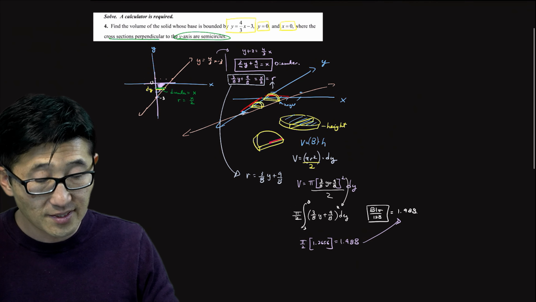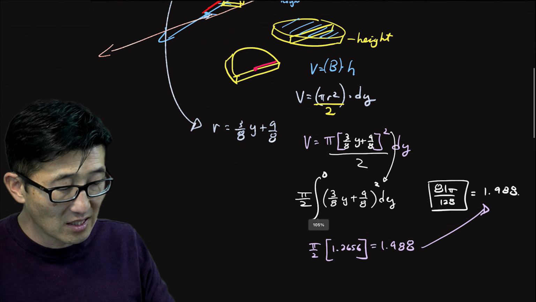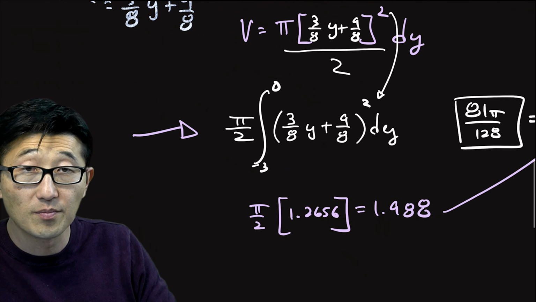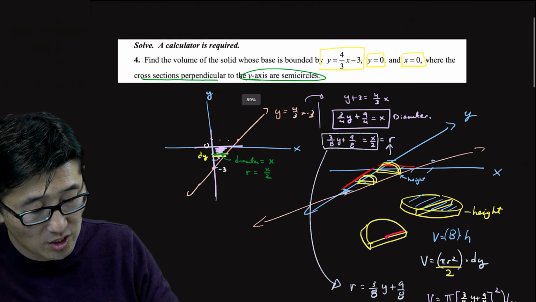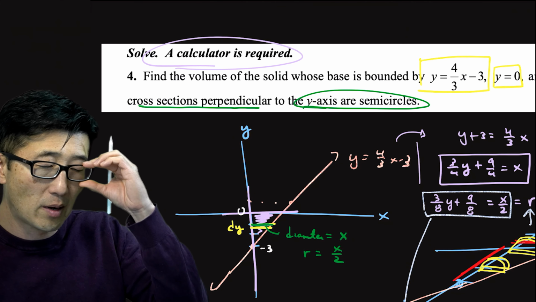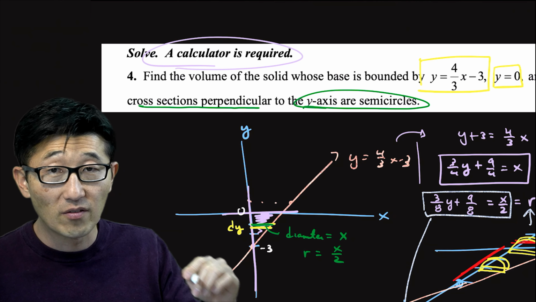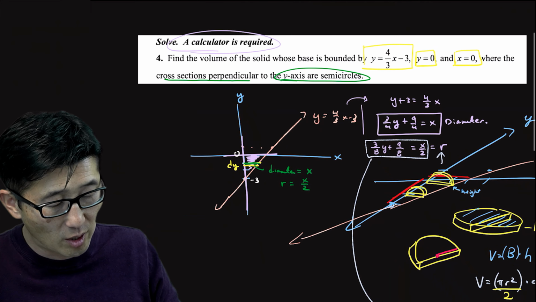So the setup is quite long, but once you find your antiderivative setup, this right over here, if it's a calculator problem, just punch it in and you will have your answer. I think there might be only maybe one problem where you have to work everything out. The rest should be a calculator problem.